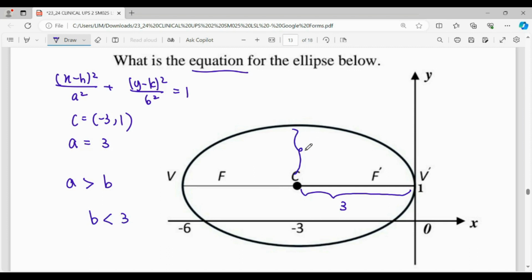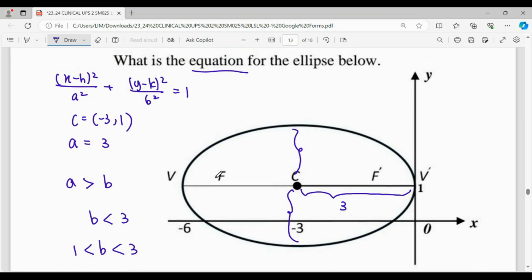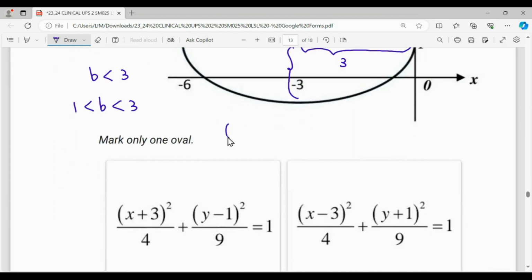Here they didn't give us any information, but we can see here. Since here is 1 unit, and this b value is longer than 1 unit, the b here will be between 1 and 3. Therefore, when we put it into the equation, our center is x equals negative 3, so (x plus 3) squared over a squared, which we know is 9.